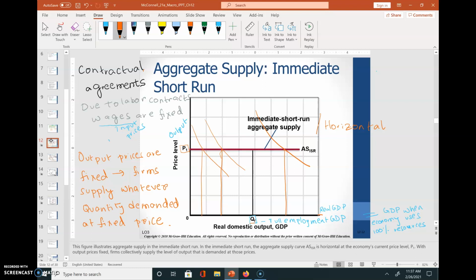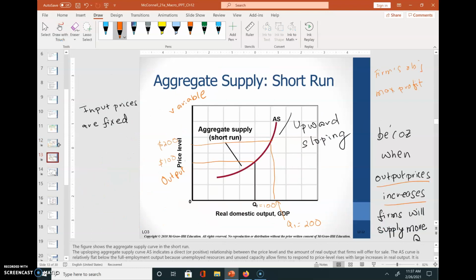So as you can see here, if quantity demanded is small, the firms are going to sell a smaller amount. If the quantity demanded goes up from 50 to 100, the firms are going to supply a higher amount. And this output price is not going to change, it's fixed.